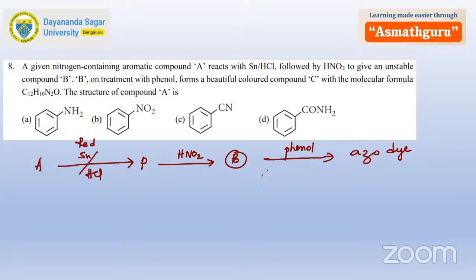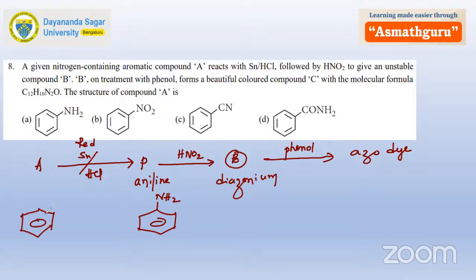Azo dye can be formed only when phenol reacts with a diazonium compound. If a diazonium compound is required, P should be aniline. What is aniline? Benzene with NH2. Then A should have a benzene, definitely should have an N. And it's a reduction. Reduction means what? Removal of oxygen or addition of hydrogen. Then it should have an oxygen.